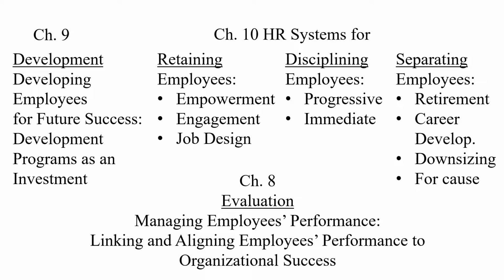We have these functions listed by chapters, but let's take away the chapters. And we're now looking at the 5 human resource functions: evaluation, development, retaining, discipline, and separating. We're going to use evaluation as a foundation that can support the other functions.